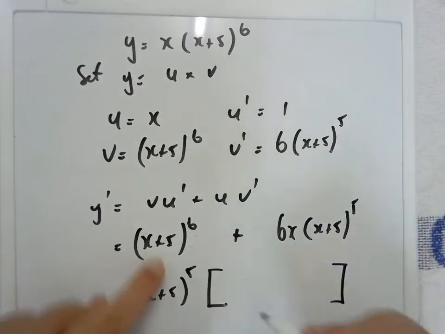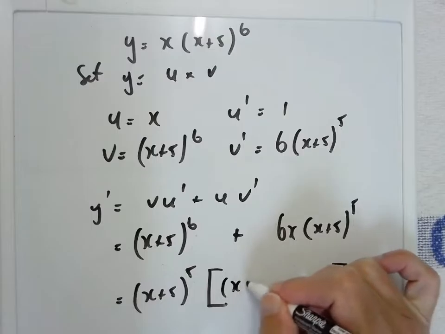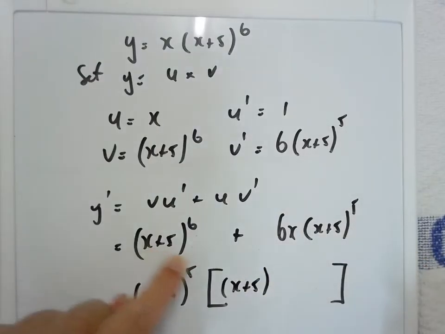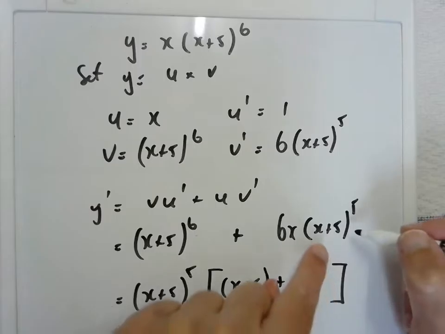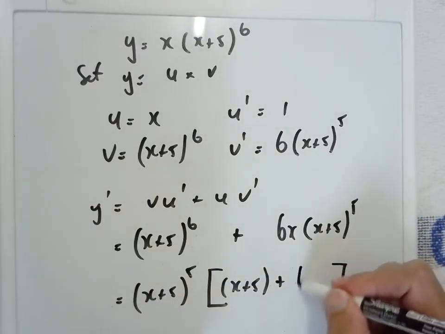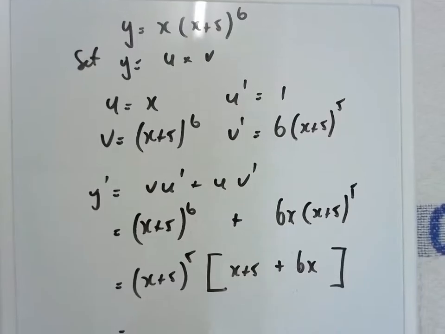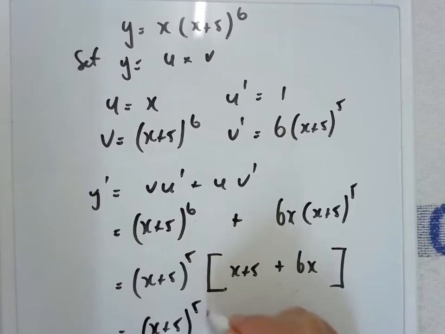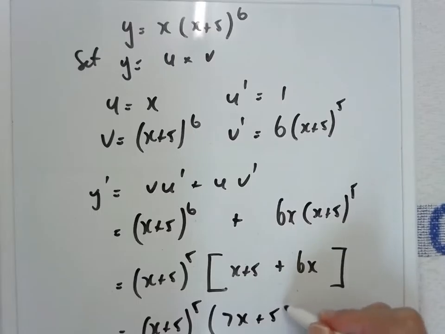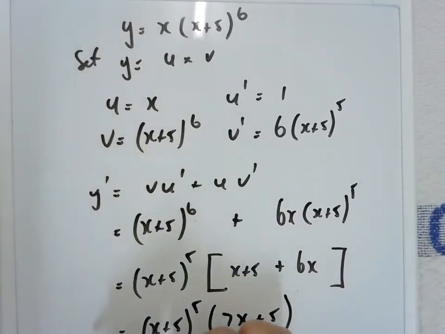If I've pulled 5 of them out of there, I've still got 1 left here, and I've got a plus, and I pulled all of those 5s out, so I've got a 6x there. You can see here the little brackets really aren't needed because that's a plus. So inside this big bracket, that tidies up to become just a normal bracket, x plus 6x, 7x plus 5.